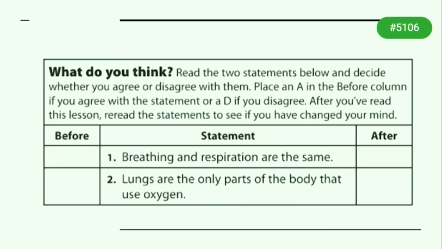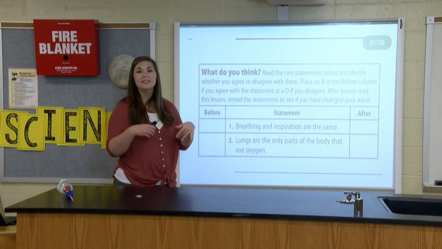All right, at the end of our presentation, we're going to go back to our statements that we started with. Breathing and respiration are the same. Think about if you now agree with it or disagree. So breathing, remember, is oxygen in and carbon dioxide out. And respiration, remember cellular respiration, what our mitochondria do, they take in oxygen and get rid of carbon dioxide. So yes, they can be the same thing.